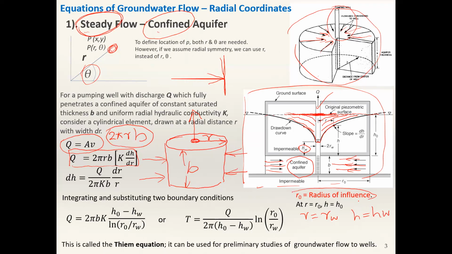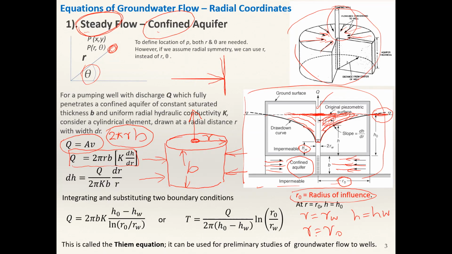In this case, this is the radius of influence, which we call R naught. Beyond this point, there will be no change of the piezometric head because of this pumping. But before that, for example in this region, of course, it has been affected. But at this distance, there is no effect from the pumping.